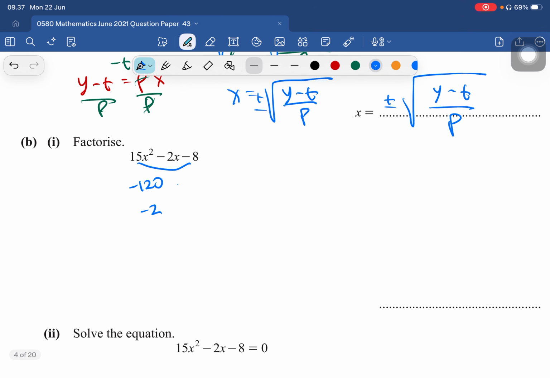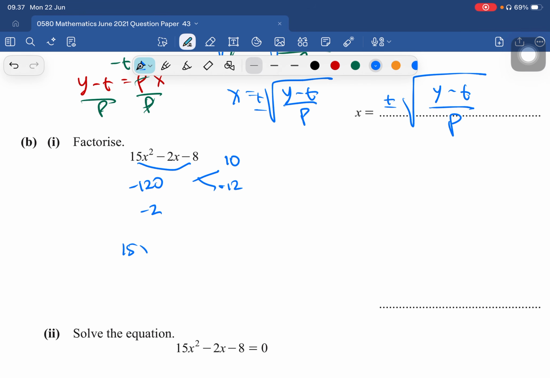What numbers can make 120? Let's start with 10 and 12. Here we go, we got 10 and 12. To make it negative, here is going to be negative.